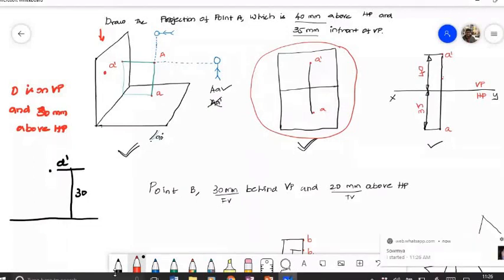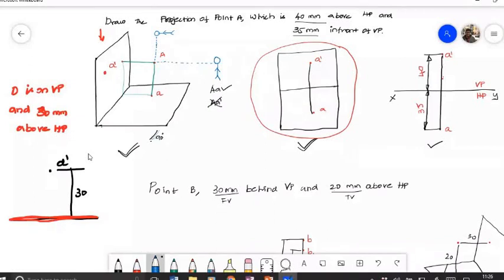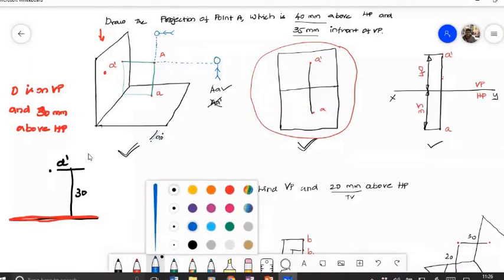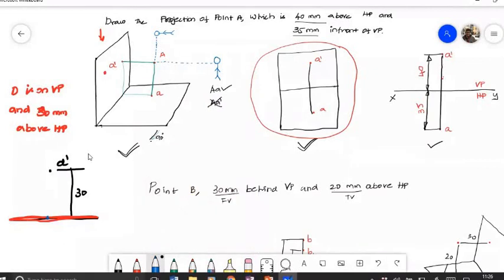But what is the position of the reference line in the top view? The reference line is somewhere here. Am I right? So your point will be something like this. We'll get the point here on the reference line. So this will be my D and this will be my D dash. So you'll get something like this. Is that clear? Whether you are able to understand?